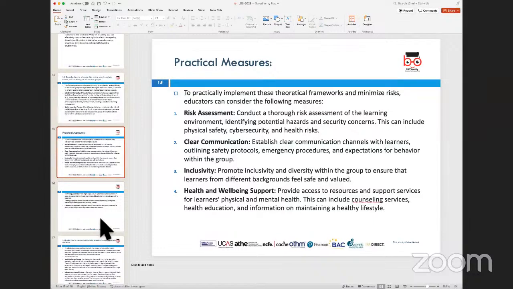For example, if we are to do a particular activity outside the classroom, one of the things teachers are asked to do is a risk assessment, and that risk assessment is carried out even before the students or children are asked to do those activities.